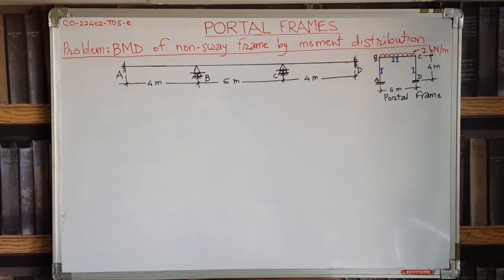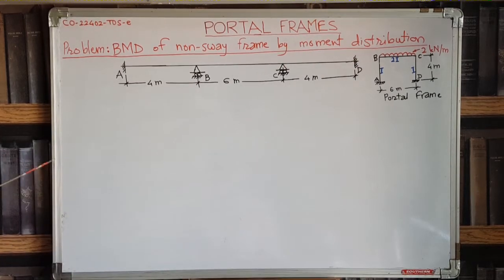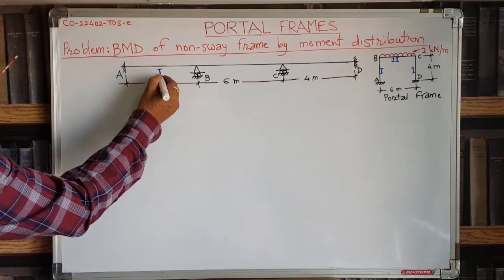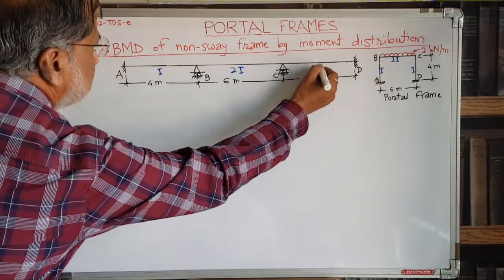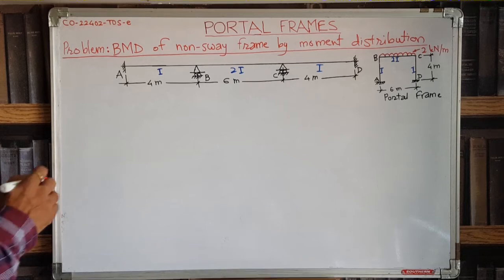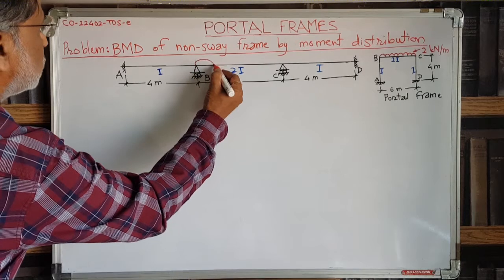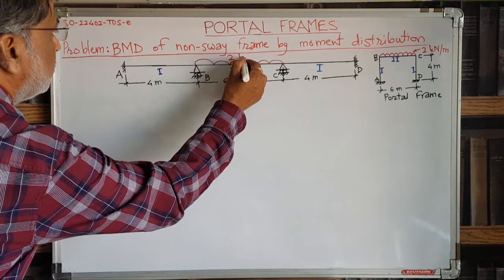So here AB is having moment of inertia I, so this is I. BC is having moment of inertia 2I and this CD is having I. Now there is no load on the span AB and CD, and there is a load on BC, so we will show the load on BC. This is 2 kilonewton per meter.